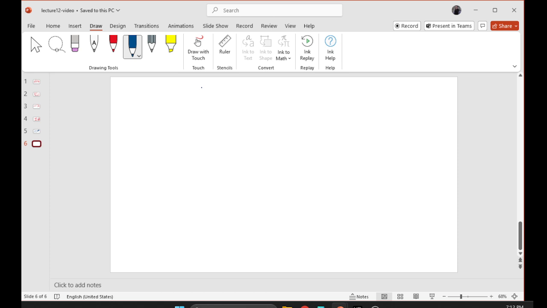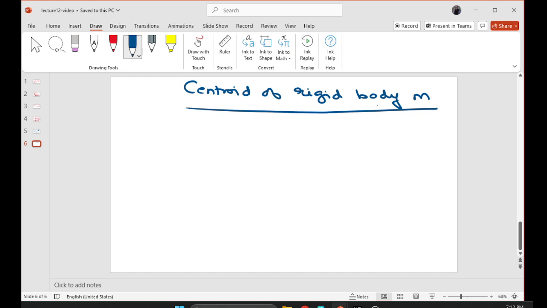A similar sounding quantity associated with an RB is the centroid of the RB, the centroid of rigid body M. We use the symbol C star to denote this centroid.